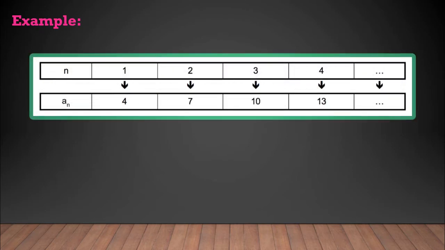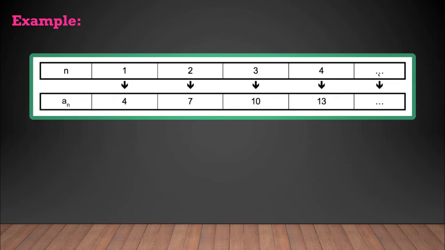Now, how about this example? What kind of sequence are we given here? Here you can see that on the fifth box, after the fourth term, there's an ellipsis. So that means that this sequence is an infinite sequence, meaning there's no last term.